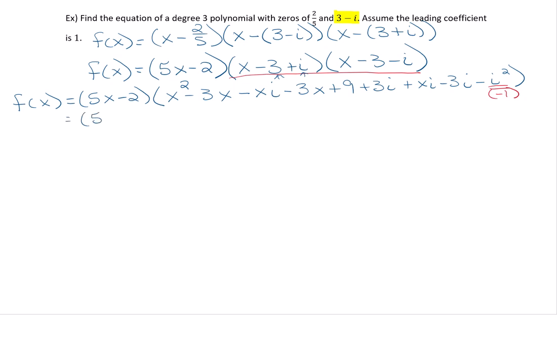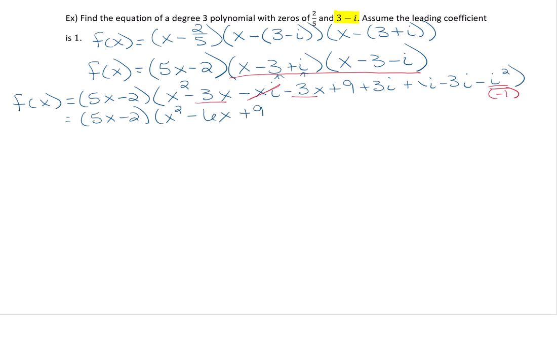So we continue with that first binomial, 5x minus 2. And if we've done it correctly, anything with an i, with that imaginary number, should add up to 0 or reduce. So let's see, we have an x squared. We have a negative 3x and a negative 3x to give us a minus 6x. This negative xi and this positive xi reduce. We have one constant of plus 9.